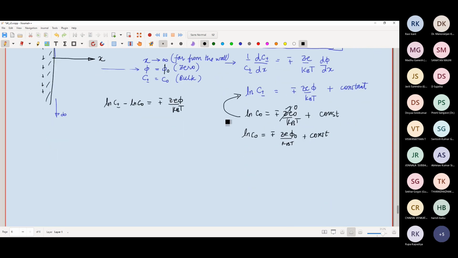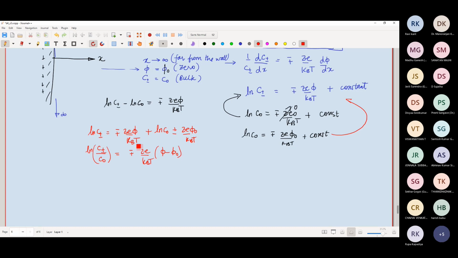Now if you substitute this constant over here, we will have ln c plus minus is equal to minus plus z e phi over kBT plus ln c naught, minus plus minus z e phi naught over kT, and this can be simplified as log c plus minus over c naught is equal to minus plus z e over kBT times phi minus phi naught.